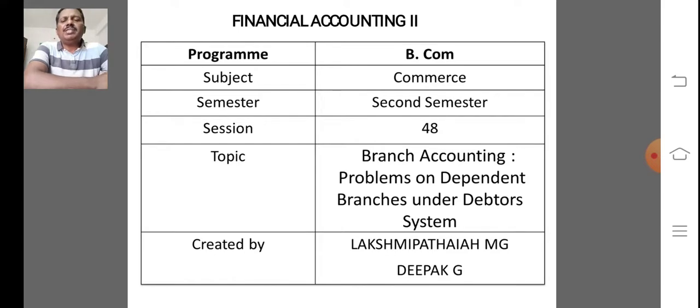value of liabilities at the branch at the beginning of the accounting period, credit the bank account with the remittance made by the branch to head office out of collections from debtors, cash sales, and other receipts, credit the goods sent to branch account with the cost price of goods returned by the branch to head office, and credit the closing assets with the value of assets at the branch at the end of the accounting period.